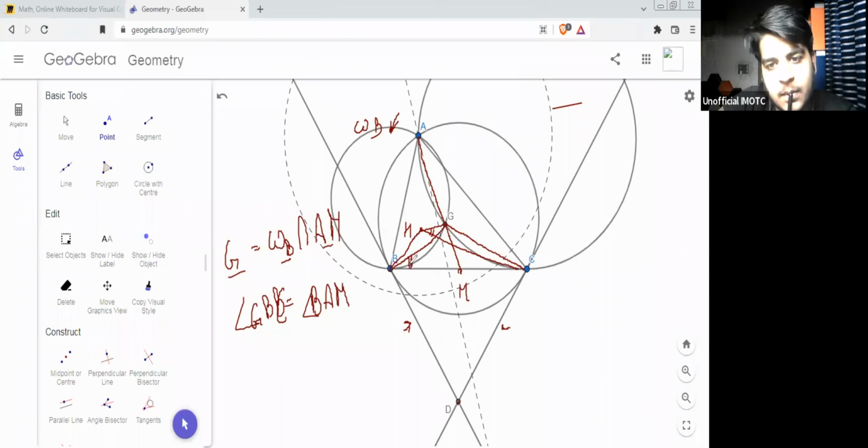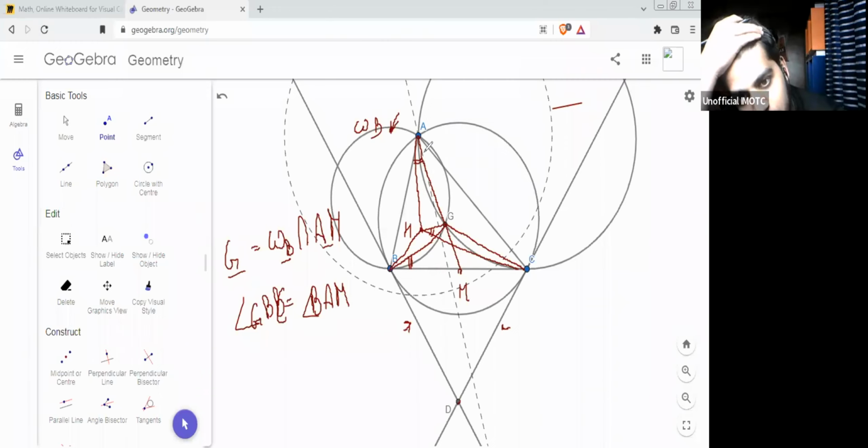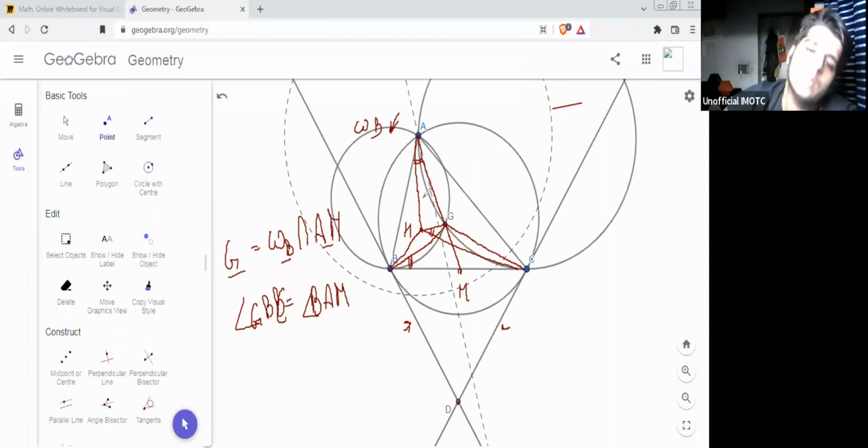Yes. And then we can show that this angle should be equal to this angle, because then we'll be done. There should be angle chasing only. Hmm. The more concerning fact is I remember proving this, but I don't remember how I proved this.